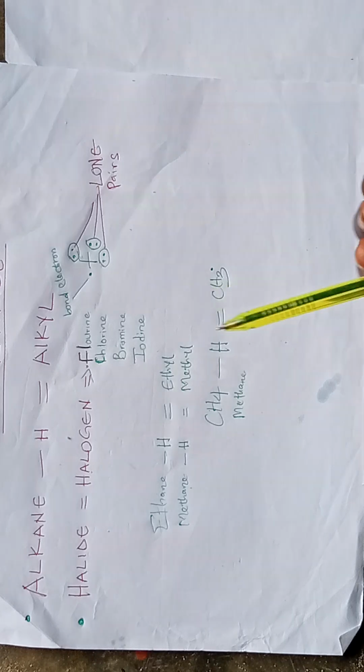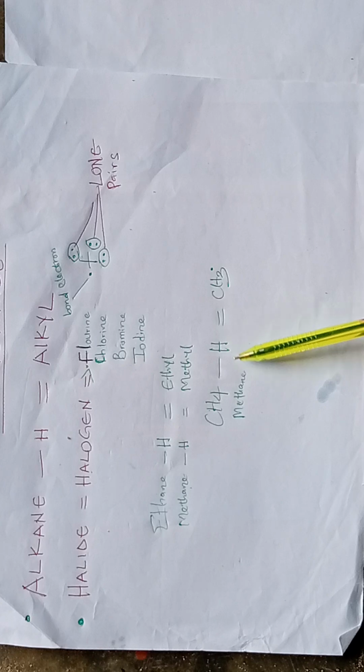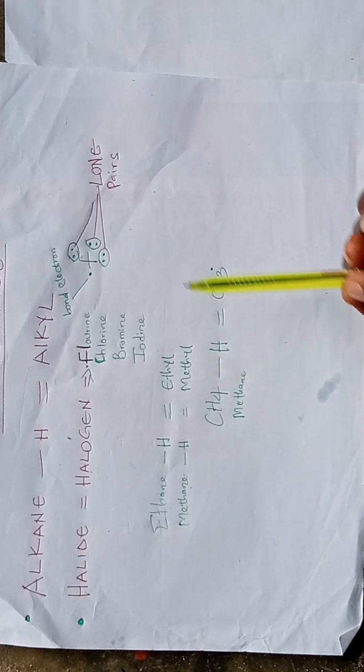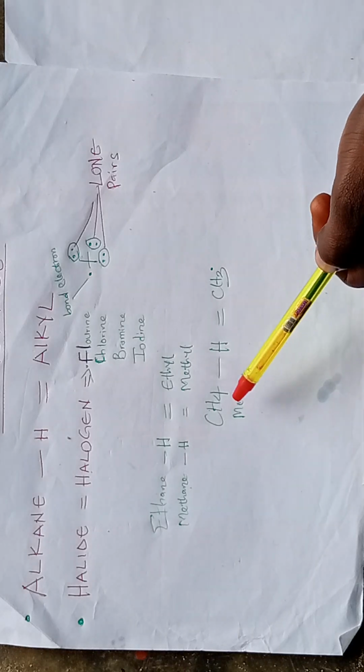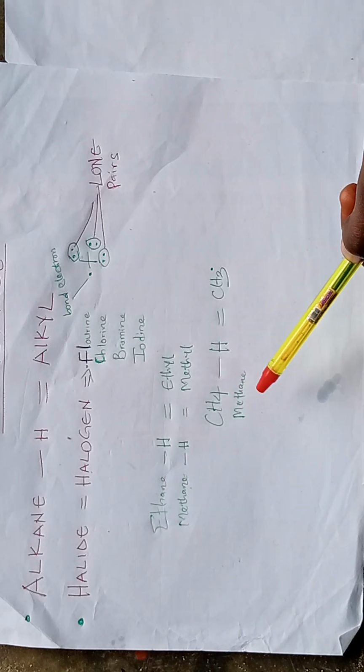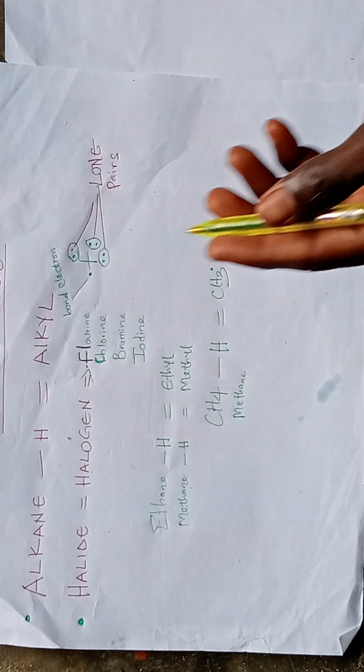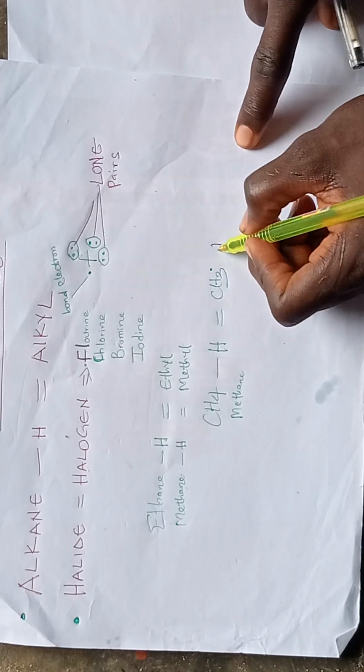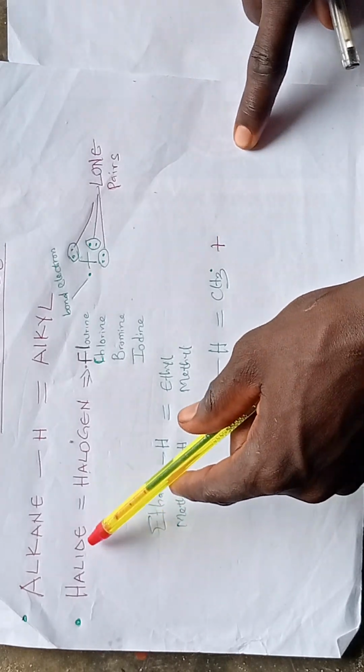So that means the same function that this hydrogen that we subtracted from methane is doing, the halogen can also do. Whatsoever hydrogen can do, halogen can also do because they both bond 1 electron each. By the time you subtract the one hydrogen from methane, it becomes a radical which is now free to react. So when you now pick any of the halides, another name for halide is halogen.